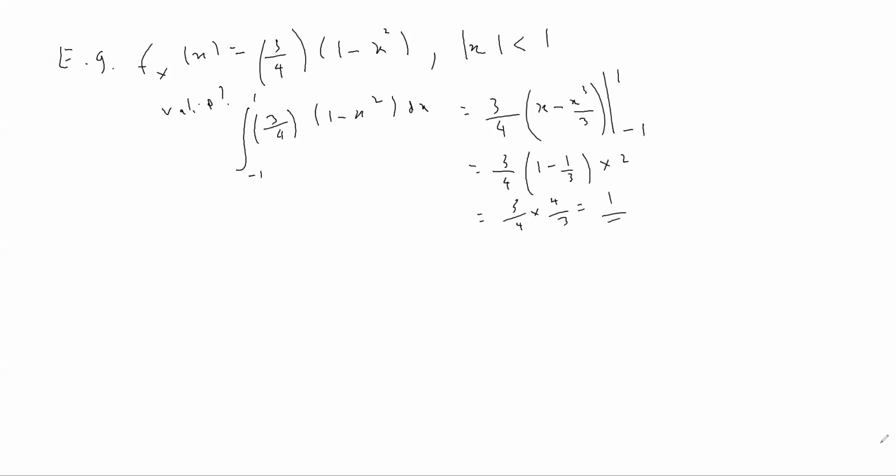No problem here. Now, this is not what we're asking. What we are asking here is I want to determine the probability that 8x squared minus 6x plus 1 is larger than 0.